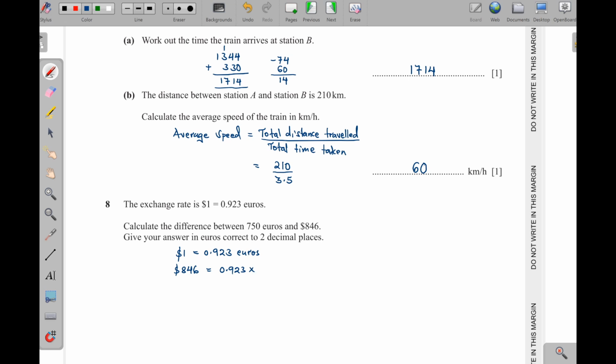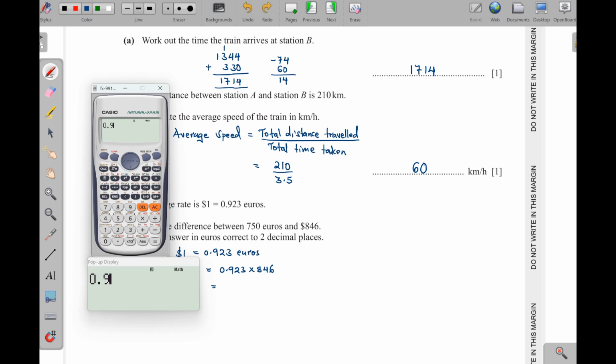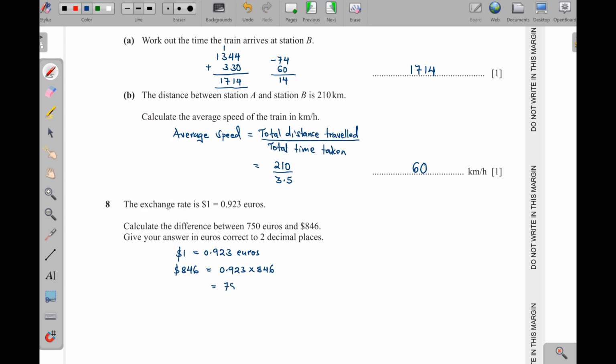0.923 times 846. This one will give us 0.923 times 846. This one gives us 780.858. 780.858 euros.